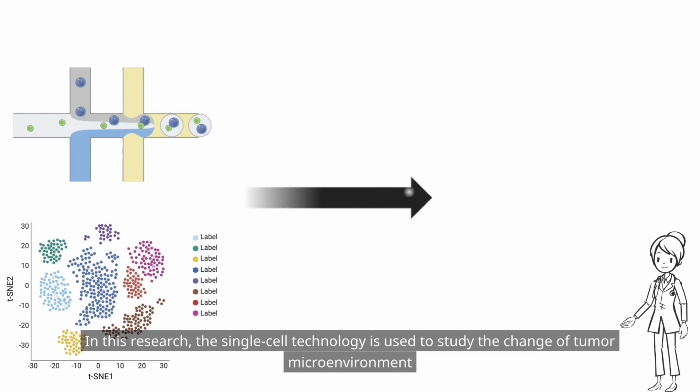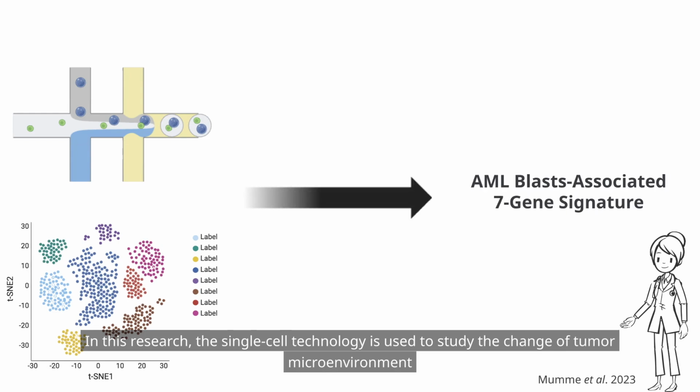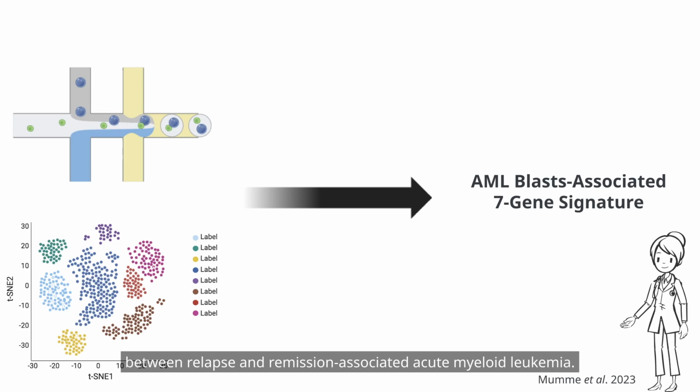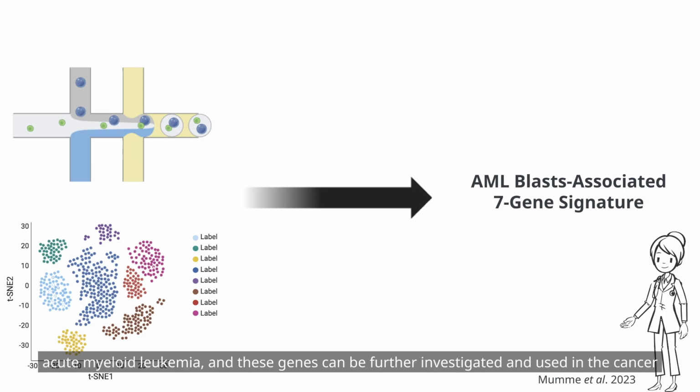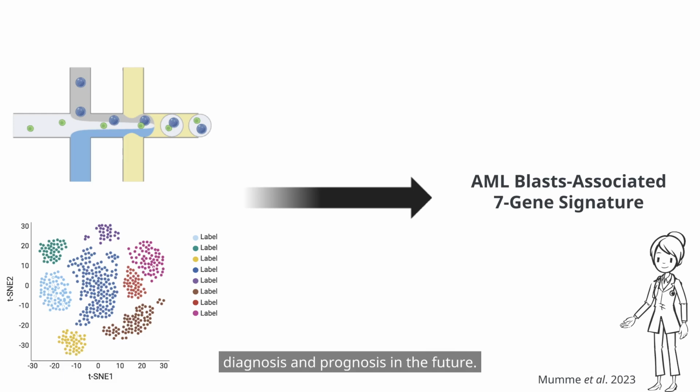In this research, the single-cell technology is used to study the change of tumor microenvironment between relapse and remission-associated acute myeloid leukemia. As a result, the scientists are able to identify genes that are specifically associated with the acute myeloid leukemia, and these genes can be further investigated and used in cancer diagnosis and prognosis in the future.